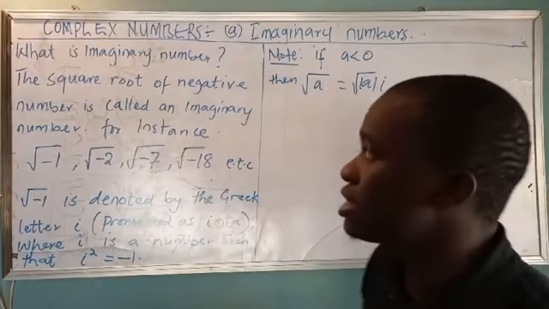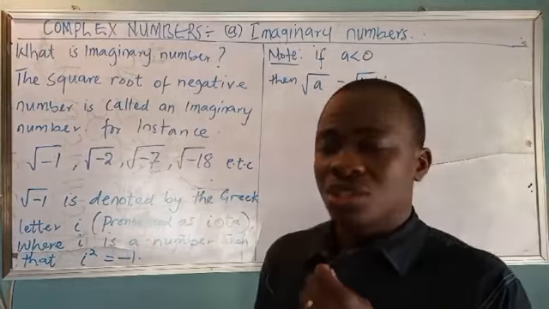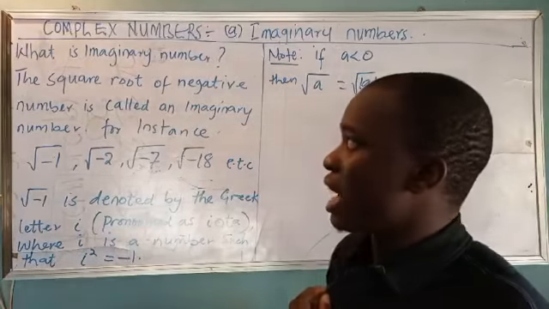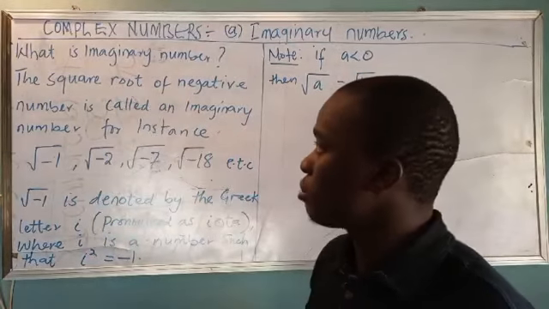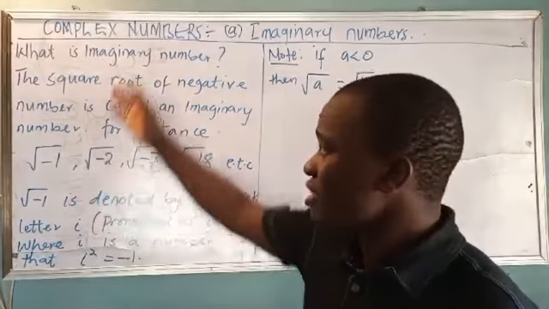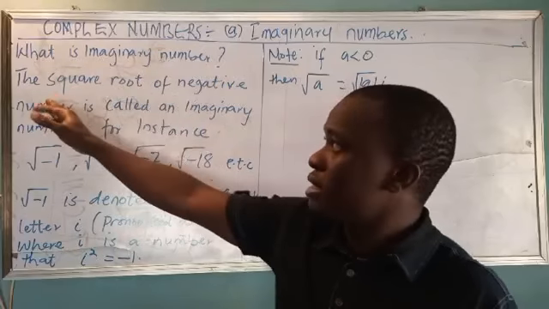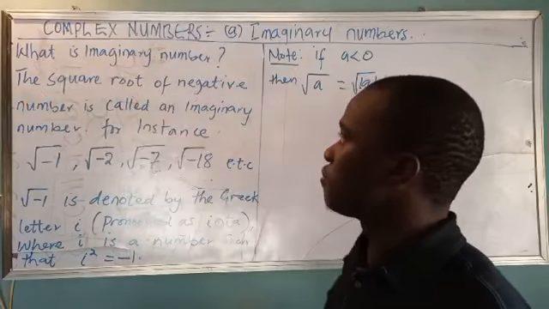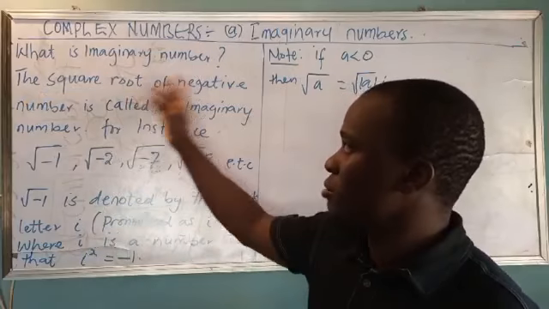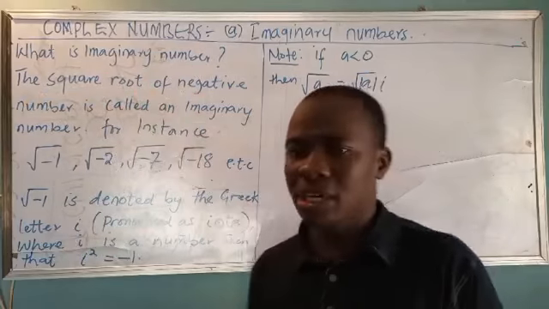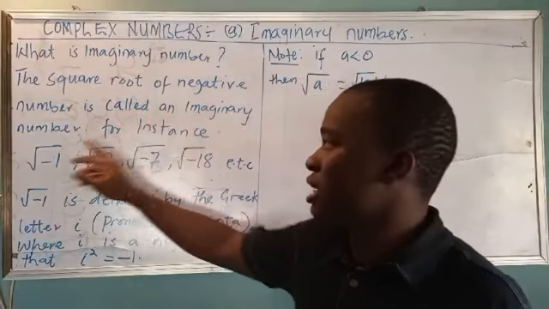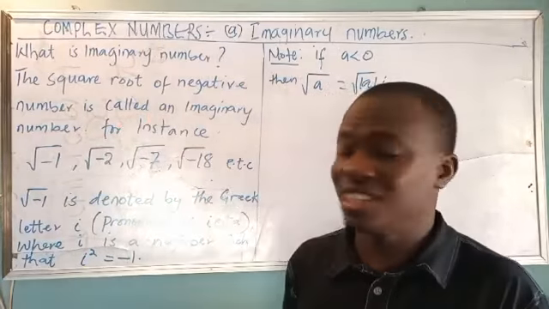So what do mathematicians really understand by an imaginary number? This is what we have on the board. The square root of a negative number is called an imaginary number. That is just the definition.